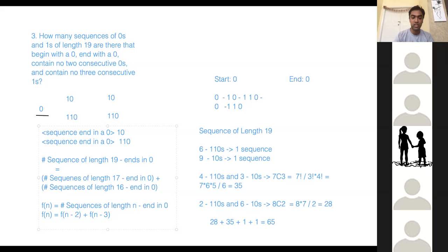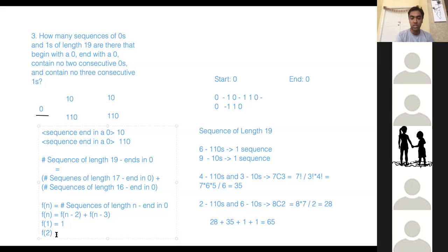These are easy to compute, right? I can compute f of 1. So how many sequences of length 1 are there that end in 0 and that satisfy the properties? Any ideas? So f of 1 should just be 1, right? Just starting with a 0 works. What about f of 2?